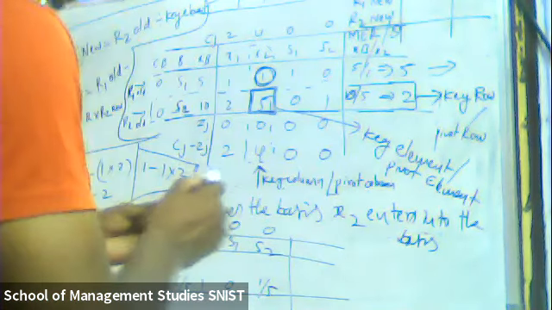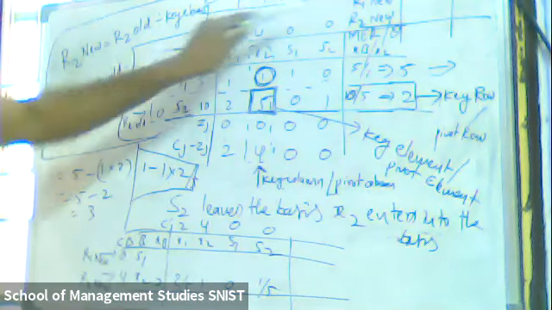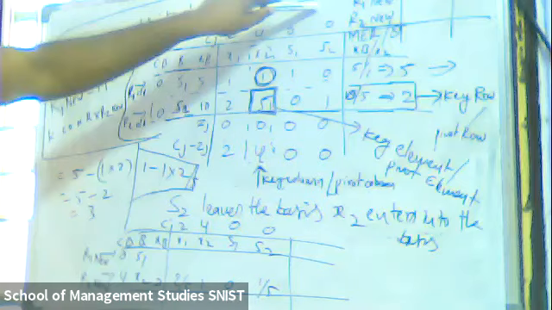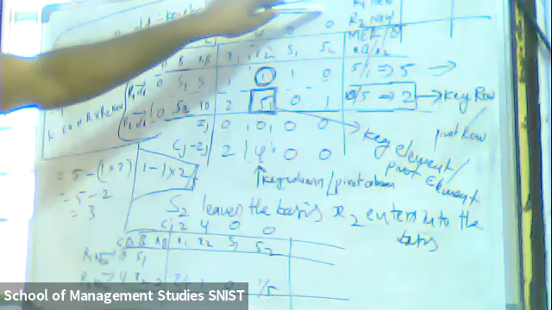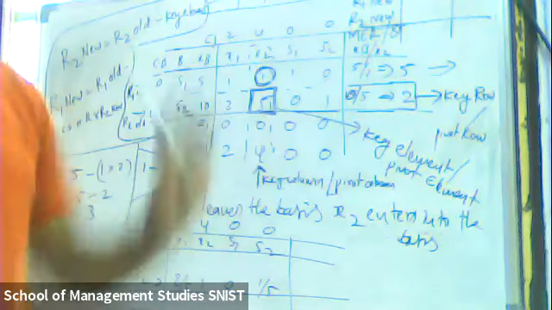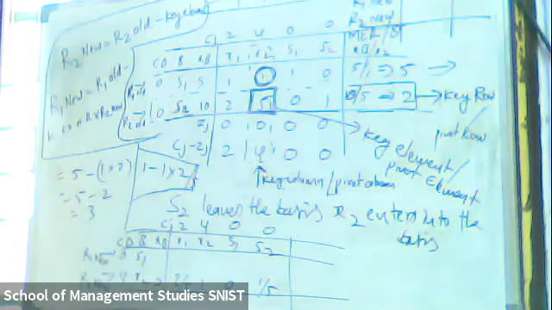To calculate R1 new, my formula is R1 new equals R1 old divided by the pivot element, the key element. Now you have the R1 new values. To calculate R2 new, can anyone tell me the formula other than Soumya?